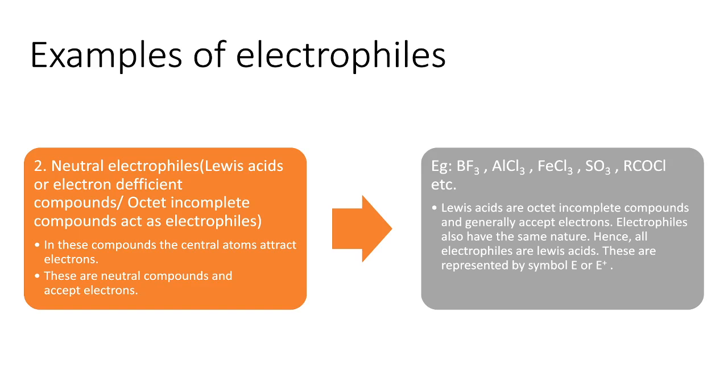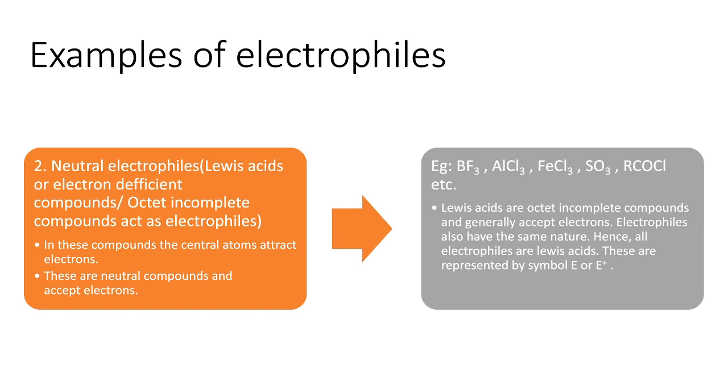Examples for such neutral electrophiles are BF3, boron trifluoride. In the boron trifluoride molecule, boron is the central atom, surrounded by 3 fluorine atoms. Around boron only 3 covalent bonds are present, so boron has only 6 electrons in the valence shell.